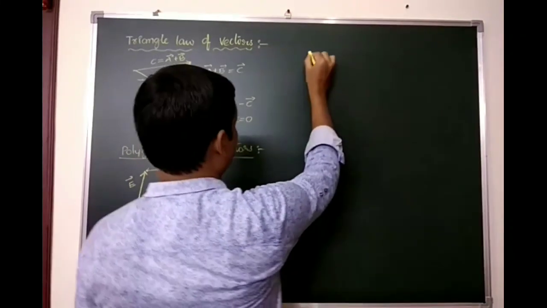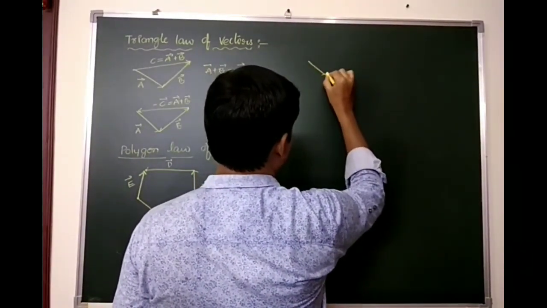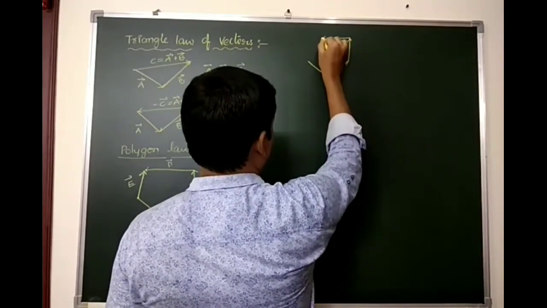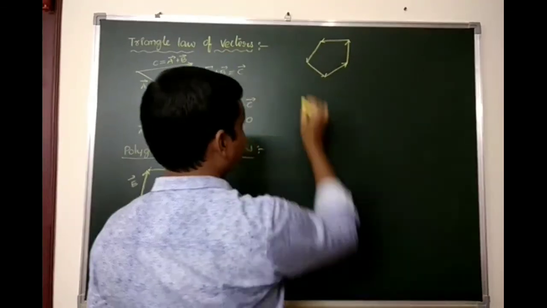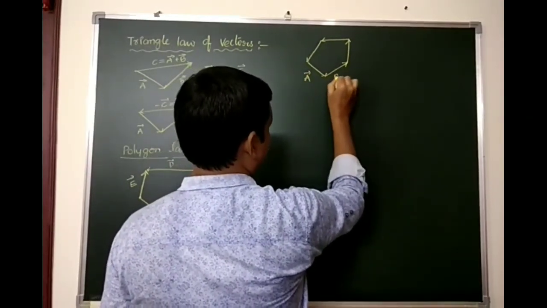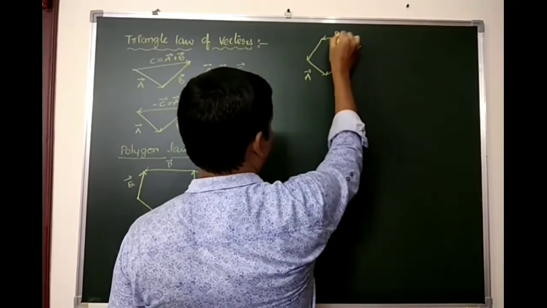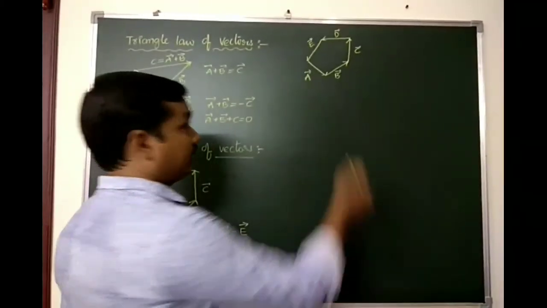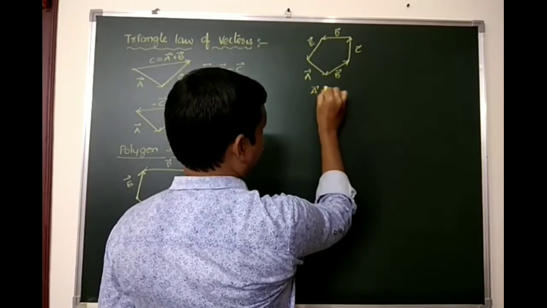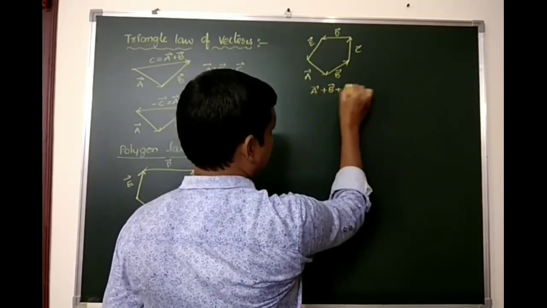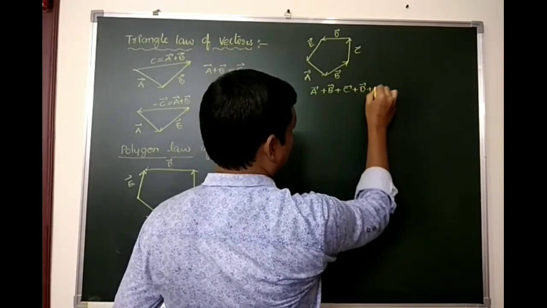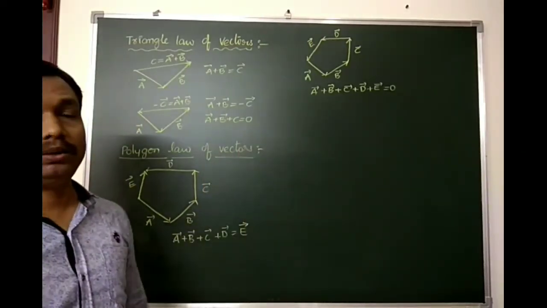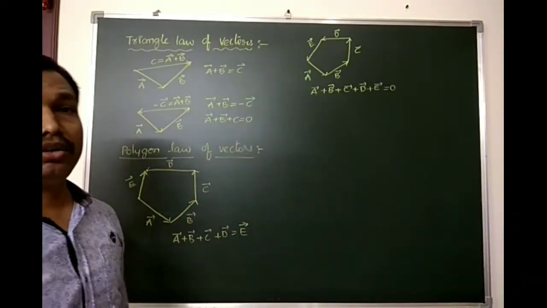So what do we get now? 1, 2, 3, 4 and 5: A bar, B bar, C bar, D bar and E bar. All are in order. So A bar plus B bar plus C bar plus D bar plus E bar equals 0. This is the triangle of vectors and the polygon law of vectors.